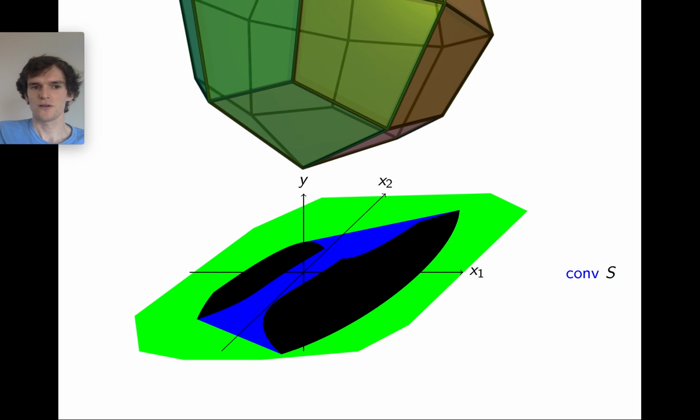And so what you see here is that we lift the problem into this higher dimension. Now we have this convex region. And what you can see is that if you project it down to the original domain, it's going to be an outer approximation, or more of a superset of the convex hull.